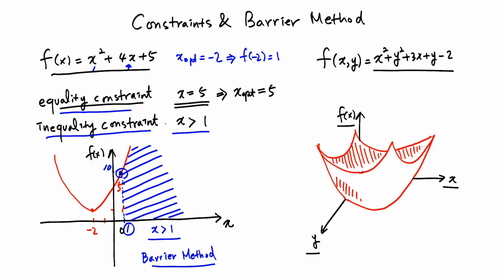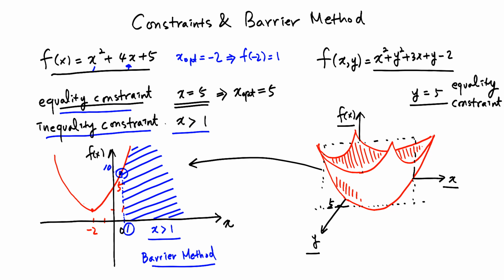And let's say we have constraint, which is y is 5. Again, this is equality constraint. That means y must be 5. And we will have a cross-section of this f function. That cross-section will be similar to this 2D plot that we have on the left side. The goal will be finding this x opt value.